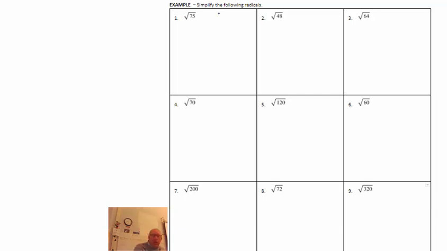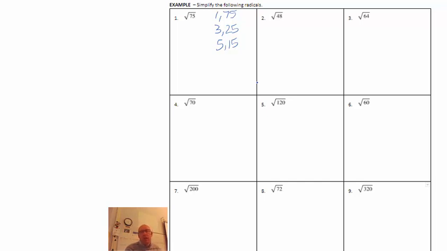Let's get started. The first step in any of these is to find the factors of 75. So values like 1 and 75, or a factor pair of 3 and 25, or finally a factor pair of 5 and 15. The next step is to identify if any of those factors are in fact perfect squares.